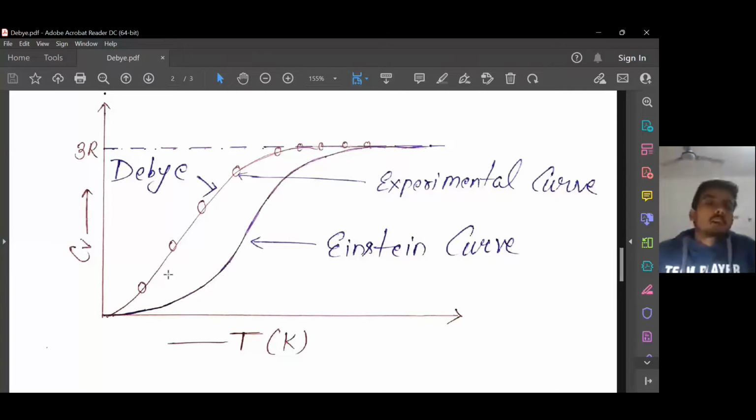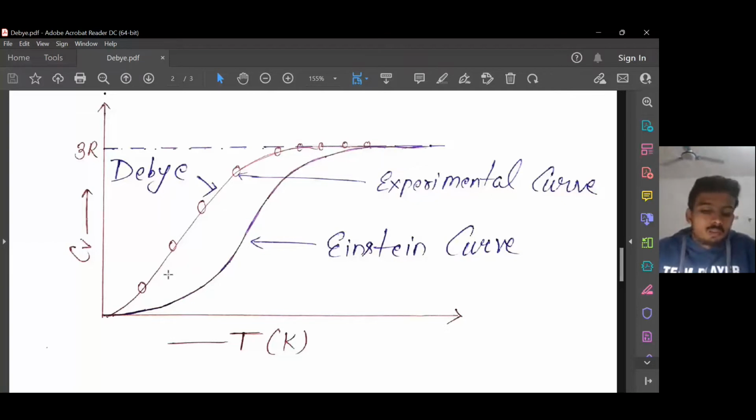But in reality, when I give some energy to the solid, some of it is used in lattice vibrations, and some of this energy is used by electrons to go from ground state to some excited state. So in this way, we are basically neglecting the contribution of specific heat by electrons.